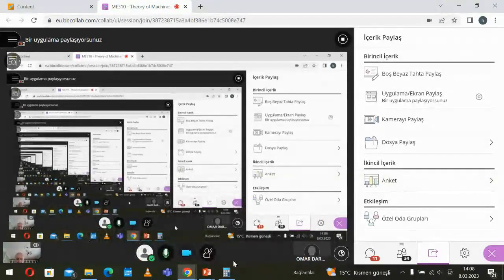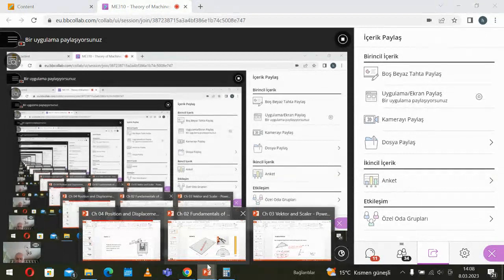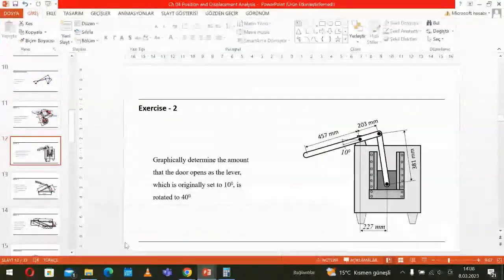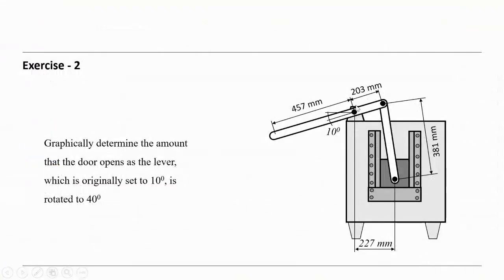So, okay, we can continue. So this was our exercise. In this picture shown on the screen, we have to graphically define the new position, or draw the new position. What is given?